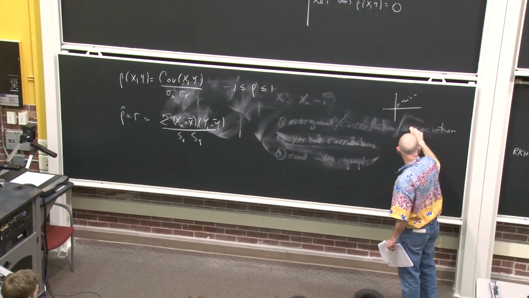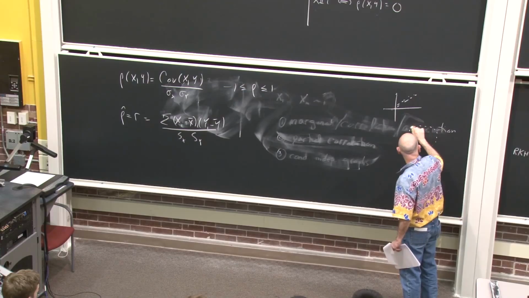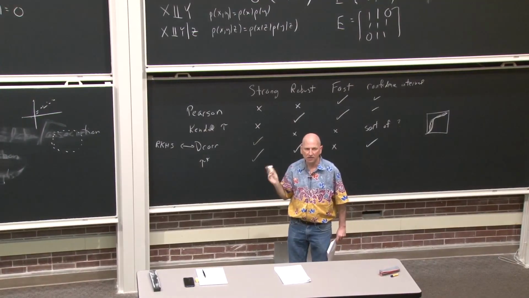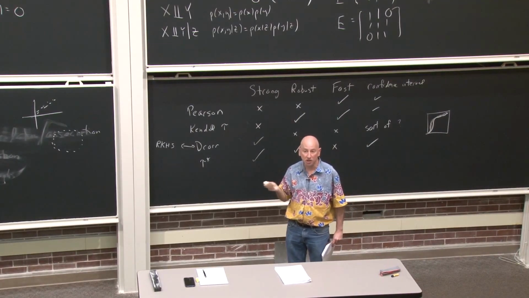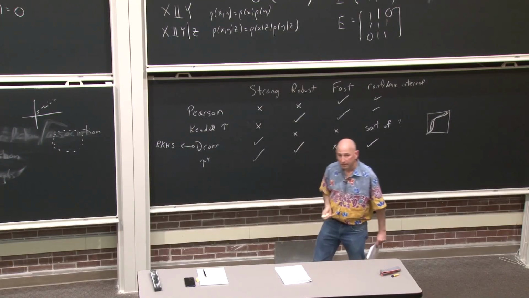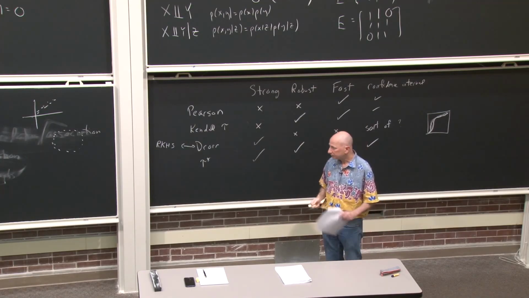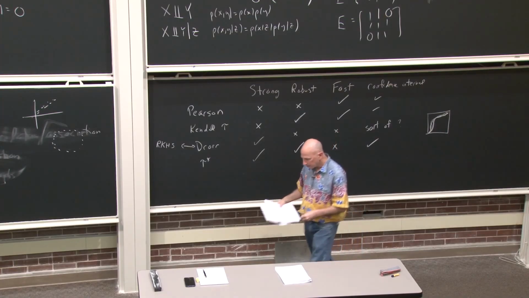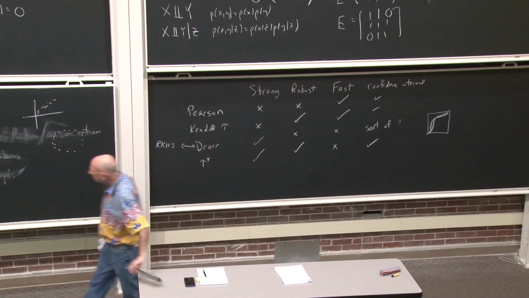But if the data look like this, they're clearly dependent, but the Pearson correlation will be 0. So it's only picking up some aspect of the relationship. So it's going to miss certain types of dependence between these things.